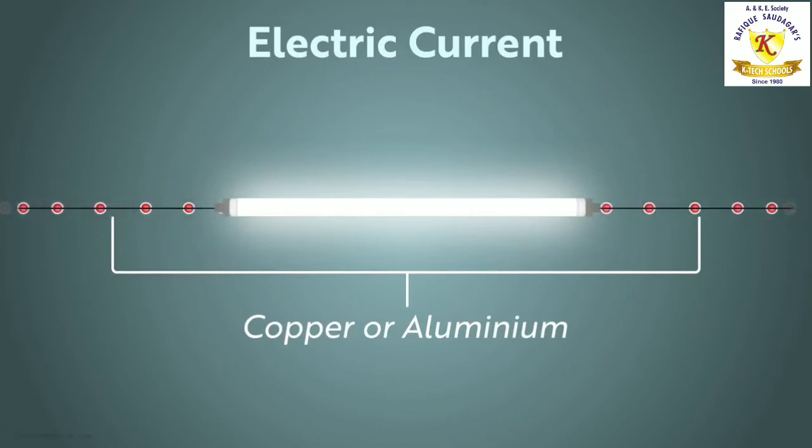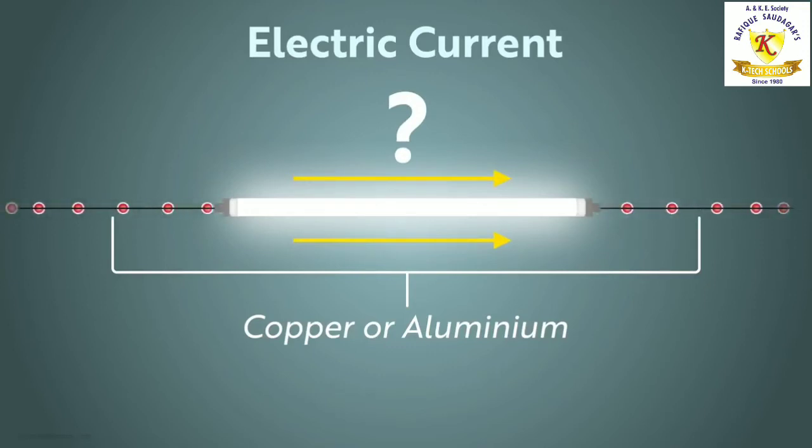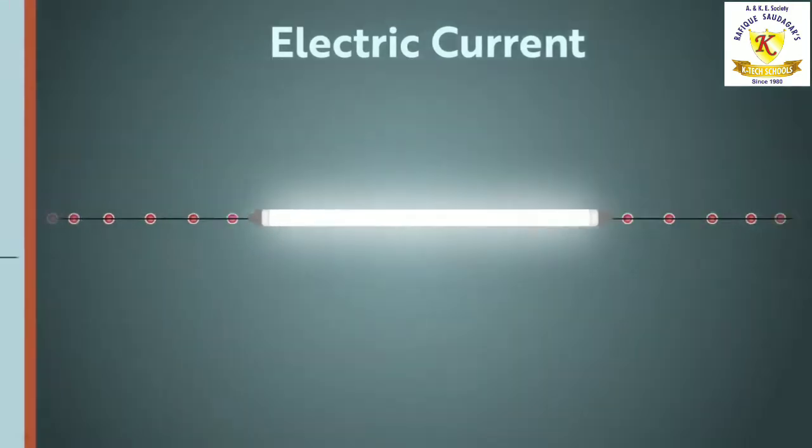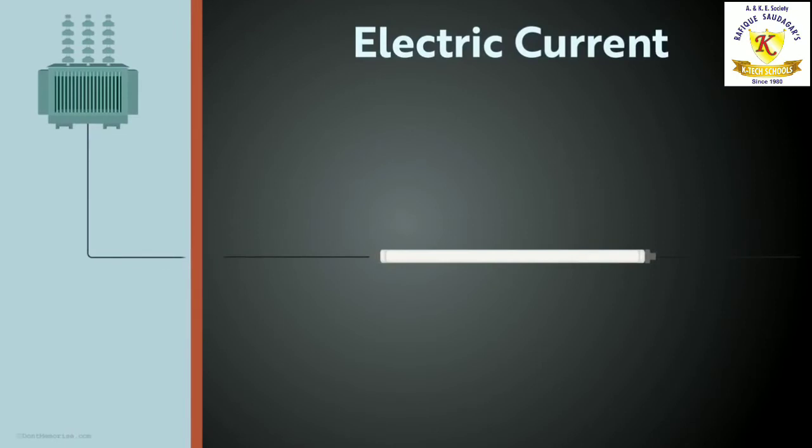But why are the charges in the wire moving in one direction? Or what makes the charge move in a wire? The charges move in one direction in the wire because of the energy supplied to them by the transformers.